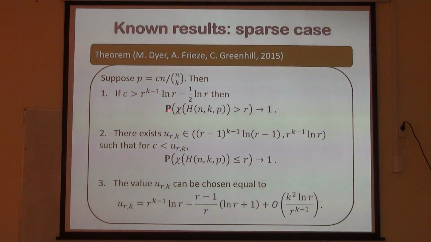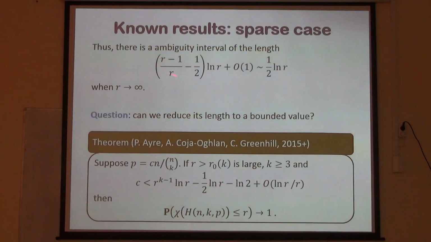So we have the gap between this upper bound and this lower bound, and this gap has the order r minus 1 over r minus 1 over 2 log r plus something bounded, in fact it tends to 0.